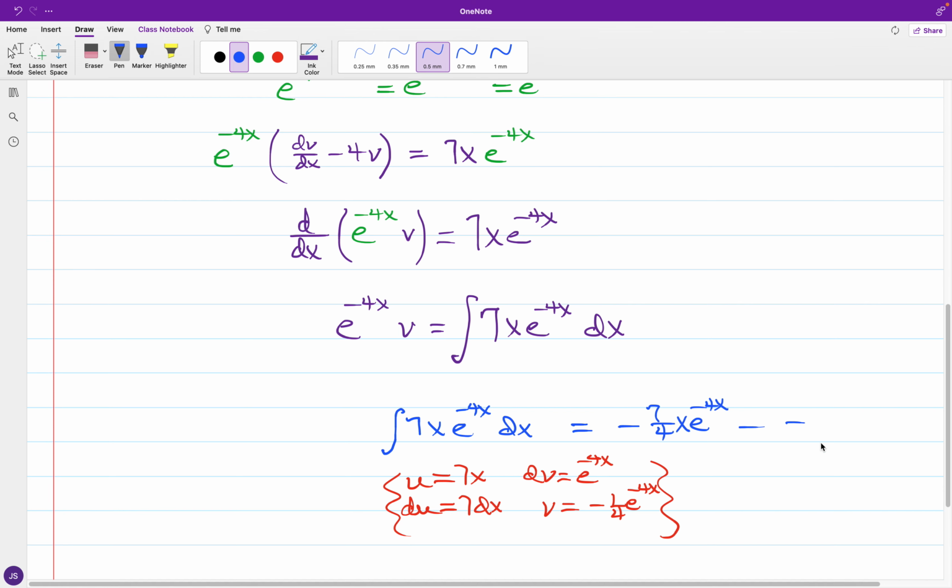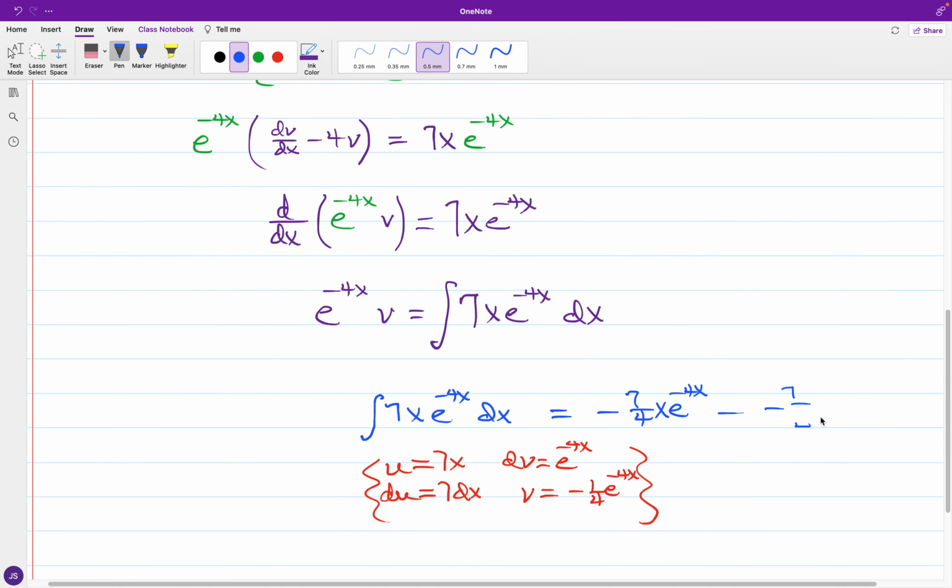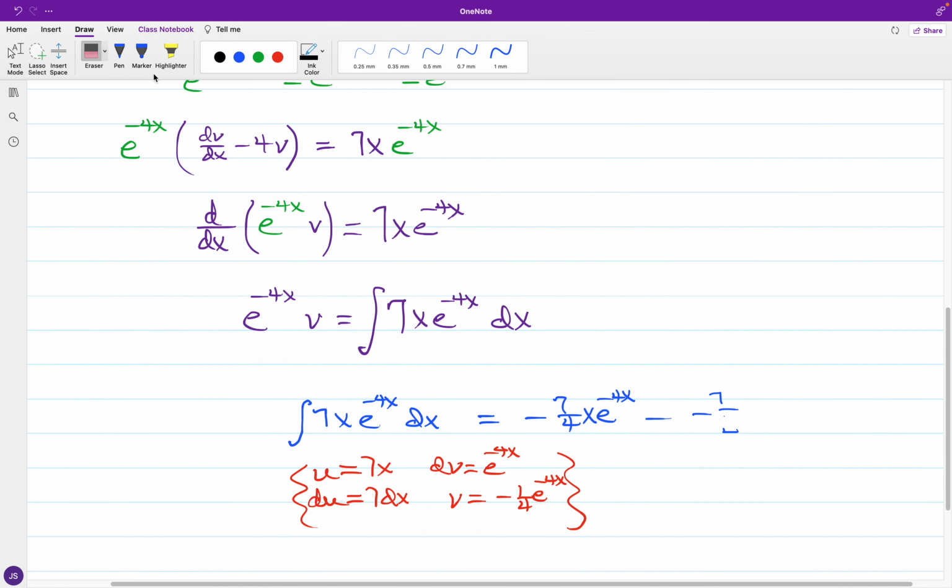So you have minus 7 times negative 1/4 is negative 7/4. So you have a double negative, which reverts to addition, and we have the integral of e to the negative 4x dx. And we just changed from subtraction to addition, and we're going to go back to subtracting.